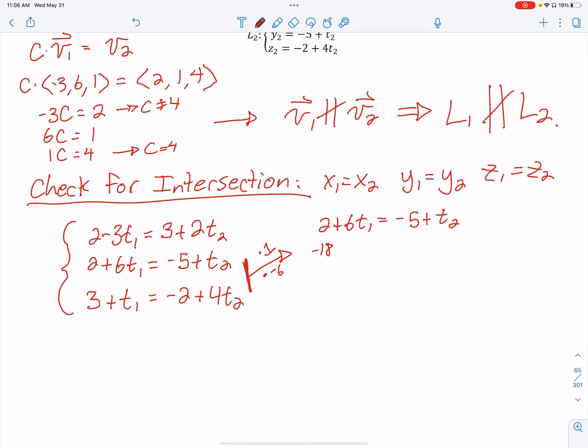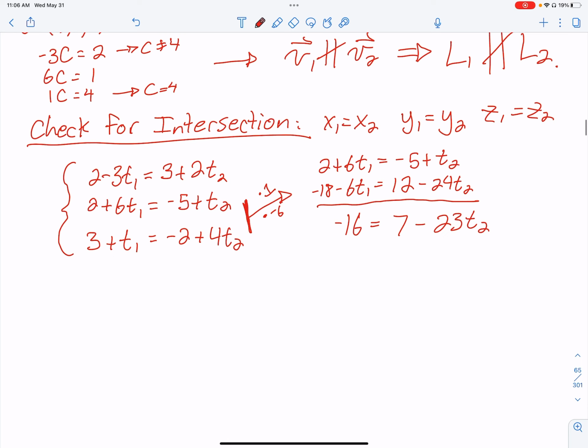So I got -18 minus 6t1 equals 12 minus 24t2. Notice now I can solve for t2 by just adding my equations down. This gets me a -16 equals 7 minus 23t2.